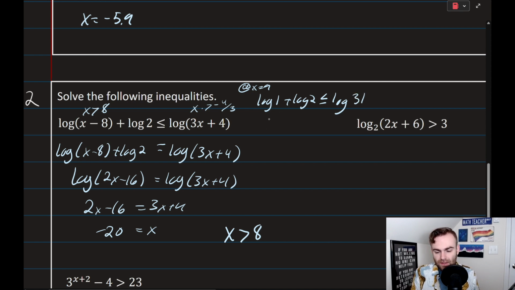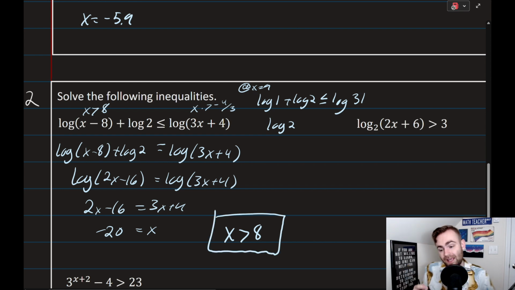Multiplication when you add, so you have log 2 is less than or equal to log 31. That is true. So we are going to say that this is our answer. If we didn't get a true statement there, then it would never be true.